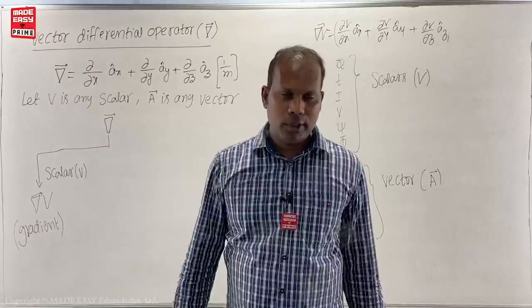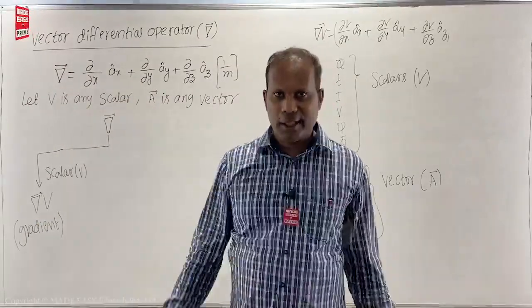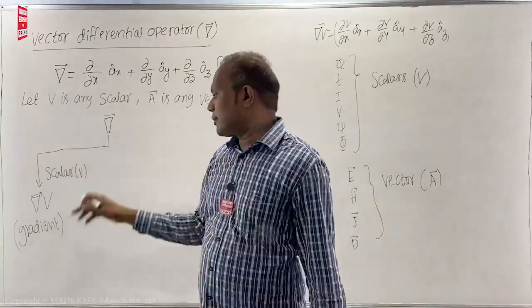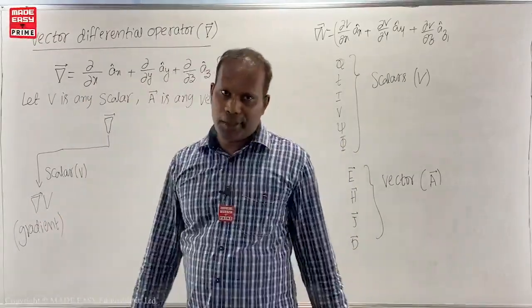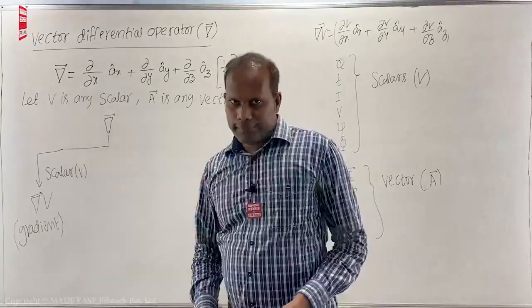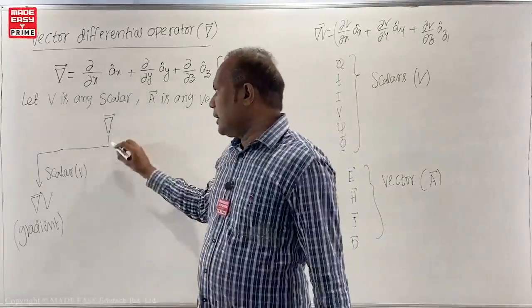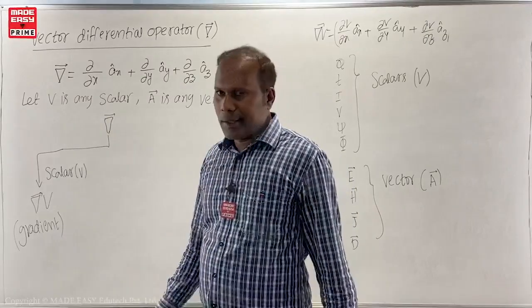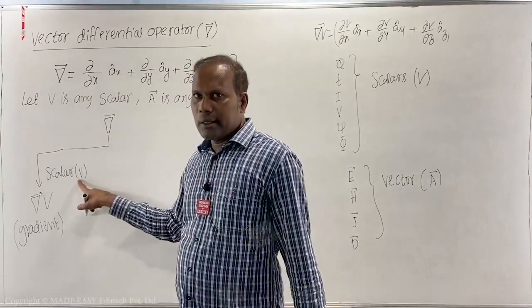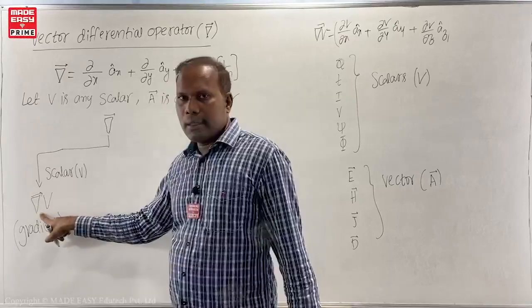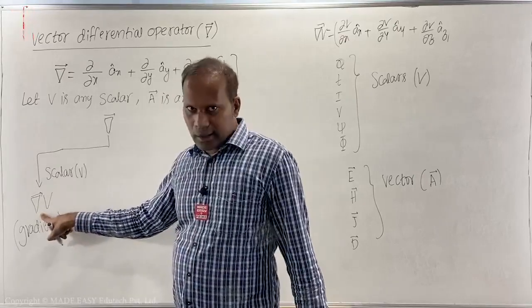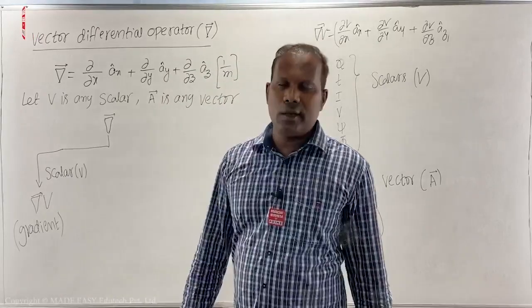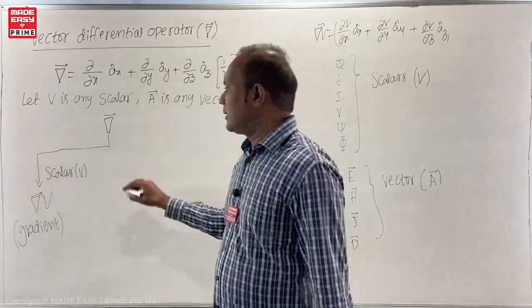Gradient means slope. Slope means differentiation. So this has a differentiation here, so that is called the gradient operation. So conclusion: if you operate del bar with any scalar, then the result is a vector. That operation is called a gradient operation. You will study this in mathematics.